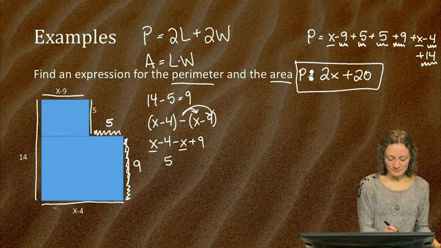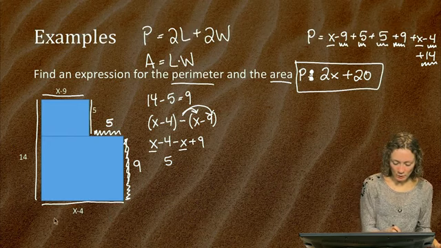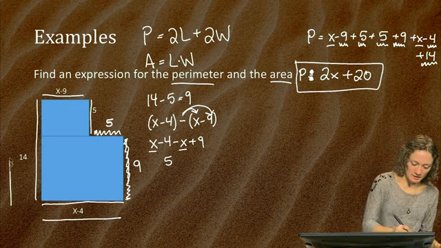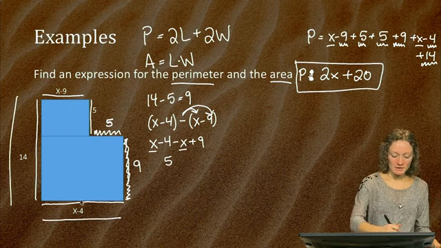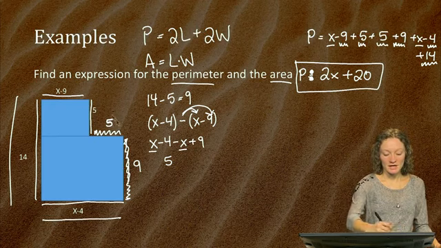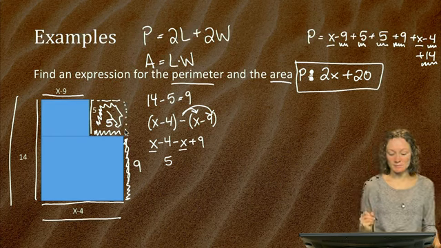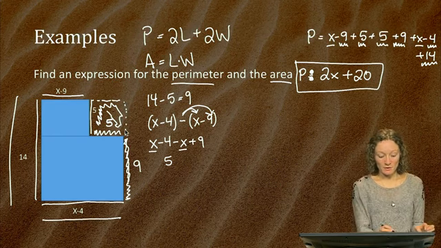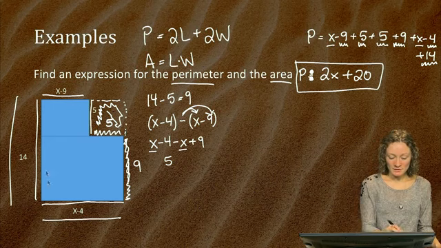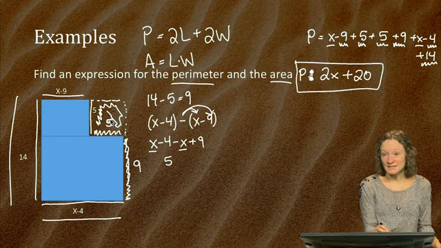One way to look at it is to say, okay, what if I multiplied the x minus 4 by the 14? That would give me the area of this entire shape, including this piece over here, which actually isn't part of the shape. If we went that route, we would have an expression for the area of this entire shape, but this is not part of it.